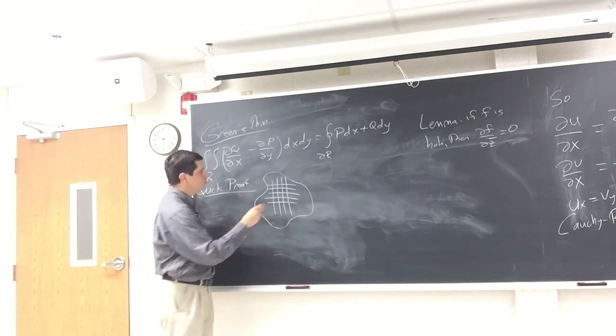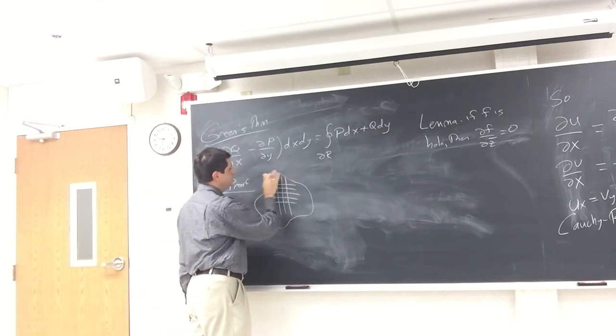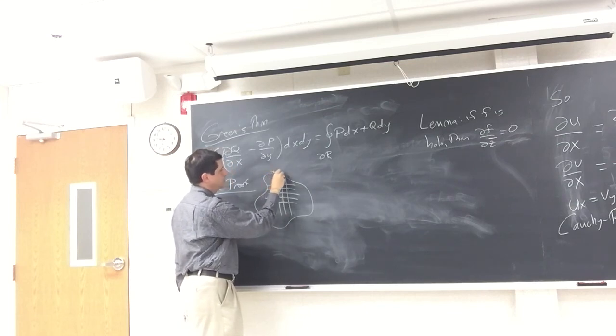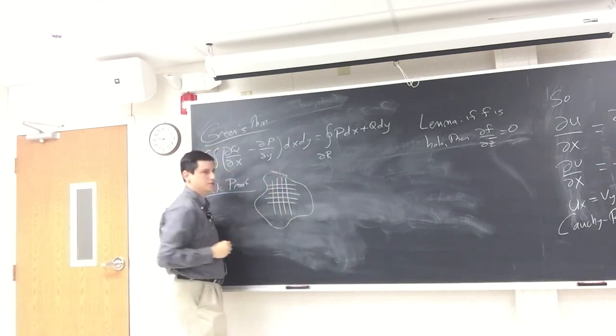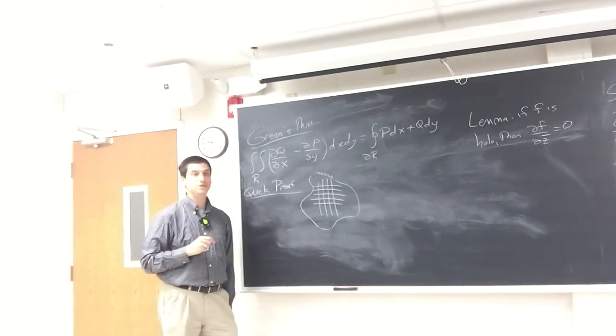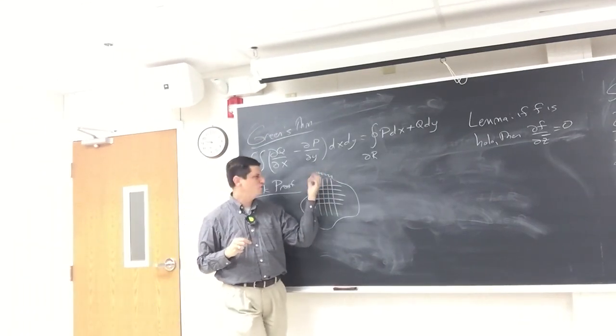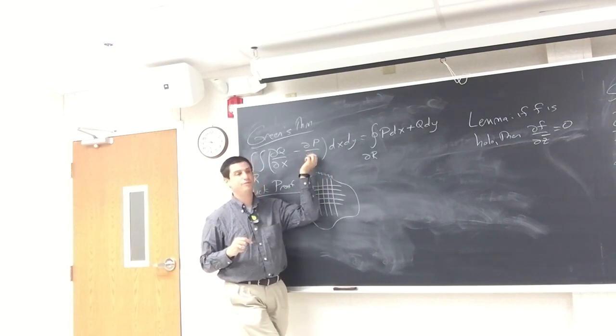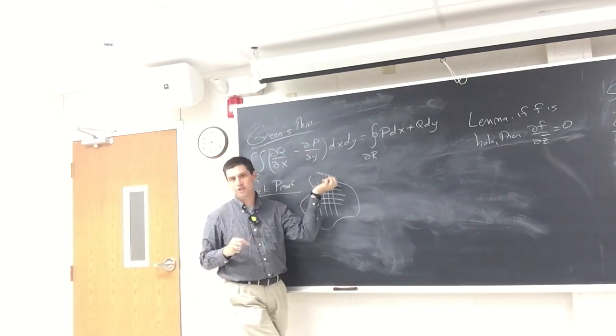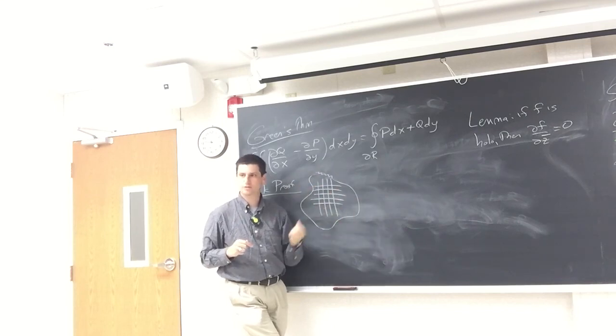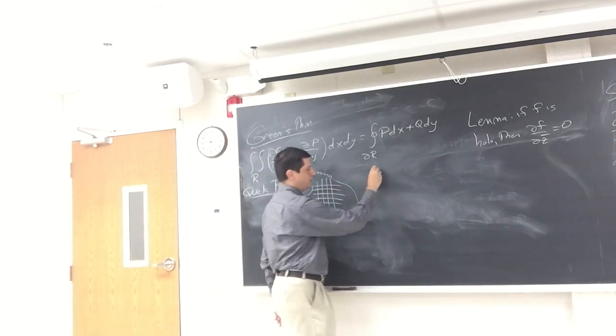Imagine your region is some kind of grid. Then there's no problem making the rectangles. You can take the limit, and as you do, there's really no difference between an area integral over a rectangular region like that and the actual smooth curve. So let's take a bunch of rectangles now.